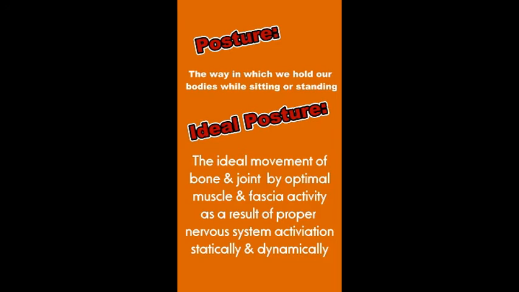But ideal posture is when you have ideal movement of your bone and joints. And what moves bone? Bone does not move unless it is moved by the surrounding muscle and fascia. So ideal posture is where we have ideal movement of the bone and joint by optimal muscle and fascia activity. And what activates our muscle and fascia?